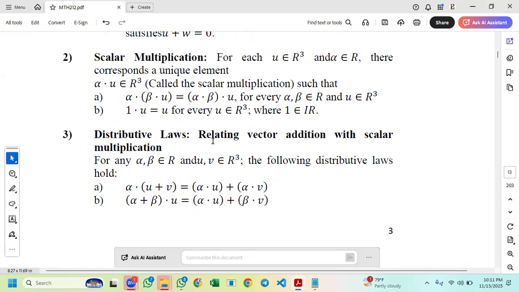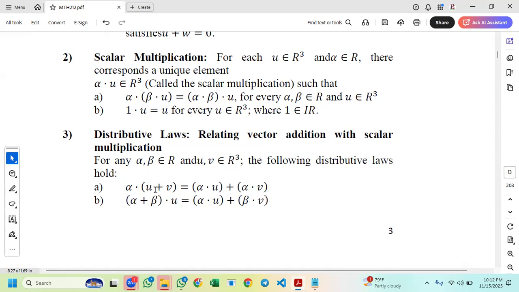Now, distributive laws relating to vector addition with scalar multiplication. We kind of want to combine the two of them together now. For any alpha, beta which belongs to the set of real numbers, and u, v belongs to the real number space, the following distributive laws hold.